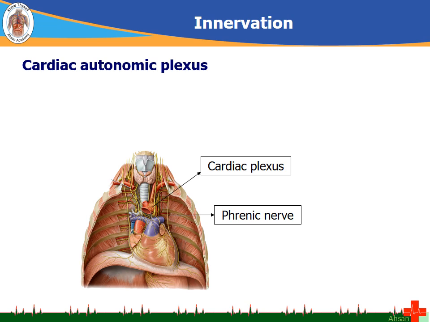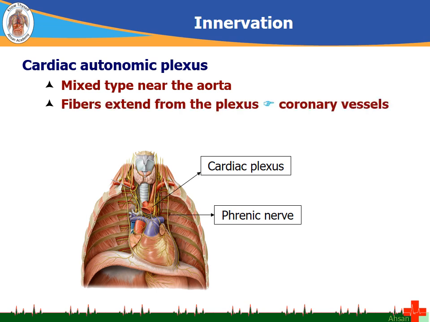The nerve supply to the heart is distributed from the cardiac plexus, which is situated near the arch of the aorta. It's a mixed type of plexus, a combination of parasympathetic and sympathetic.